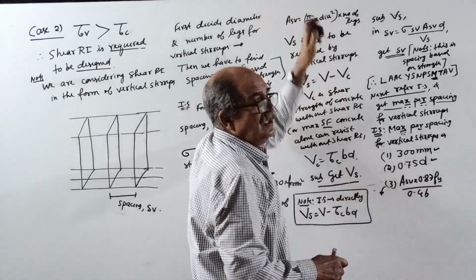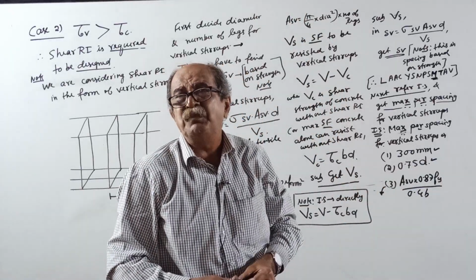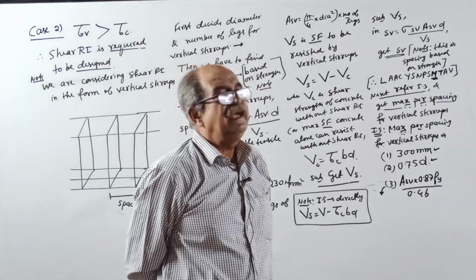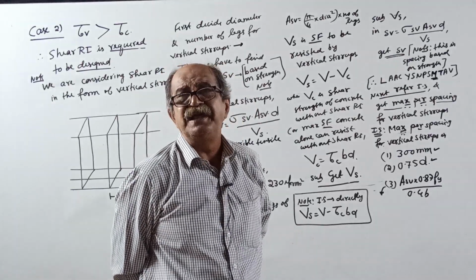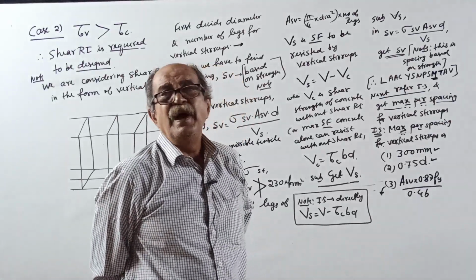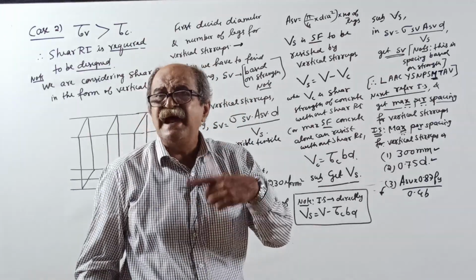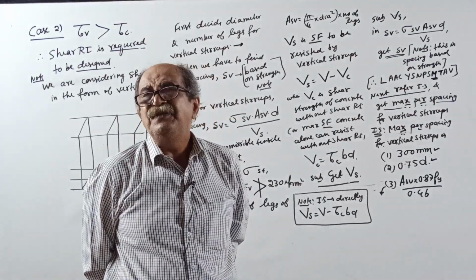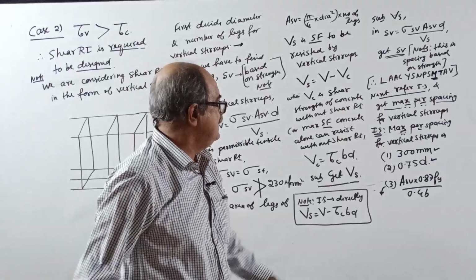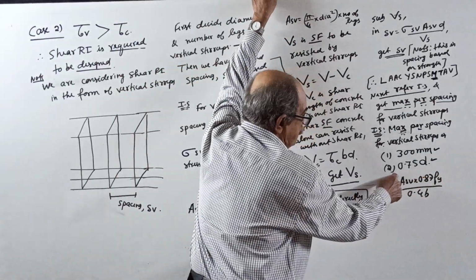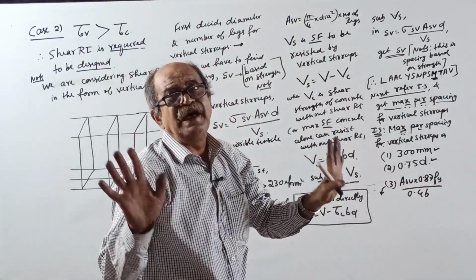This they told for structures of minor importance, like lintels, not all lintels, or when the shear stress is less than tau c, means very small shear stress. They told this provision need not be considered.